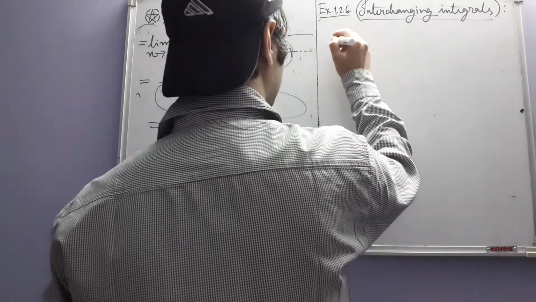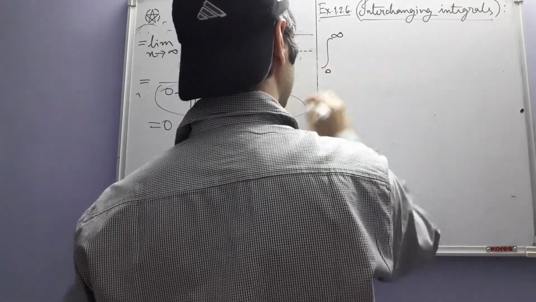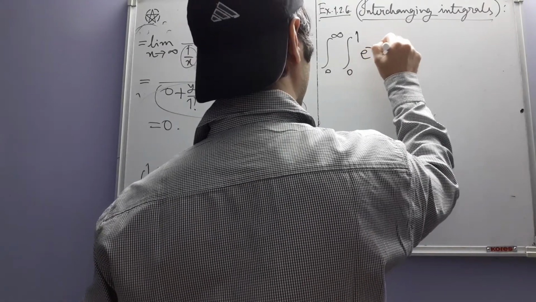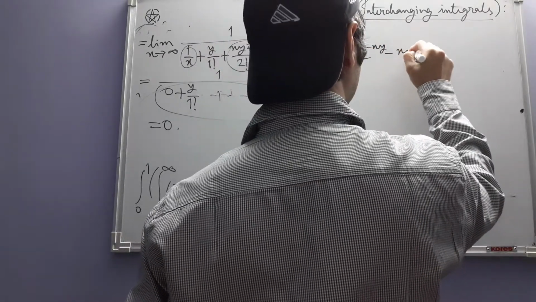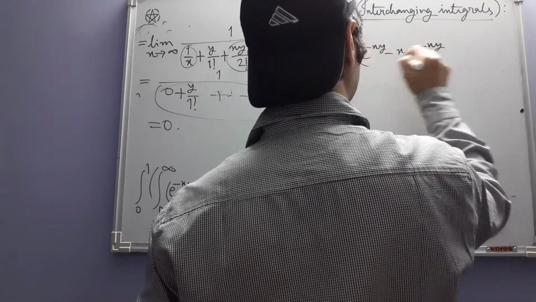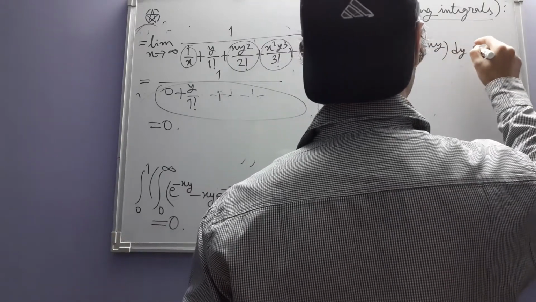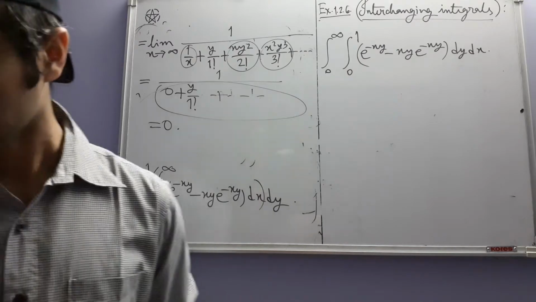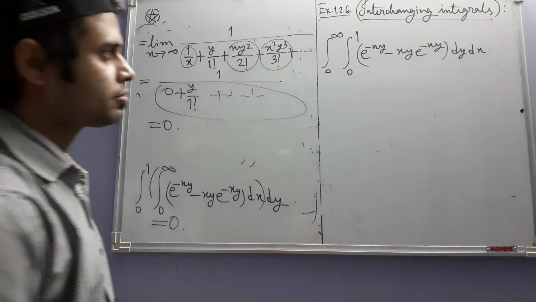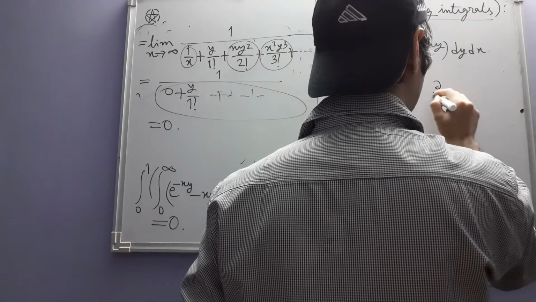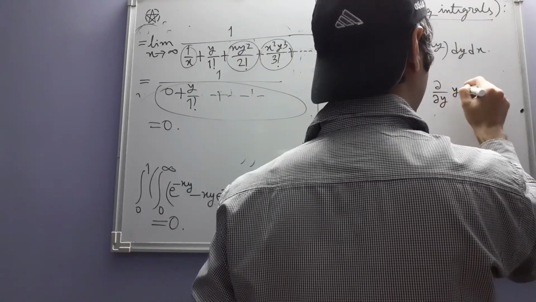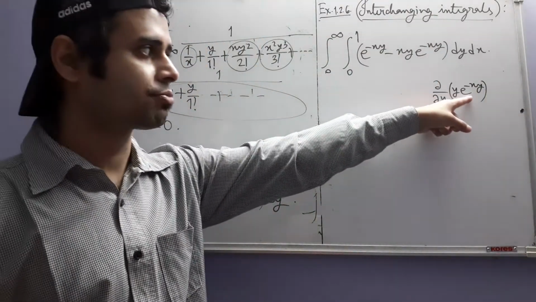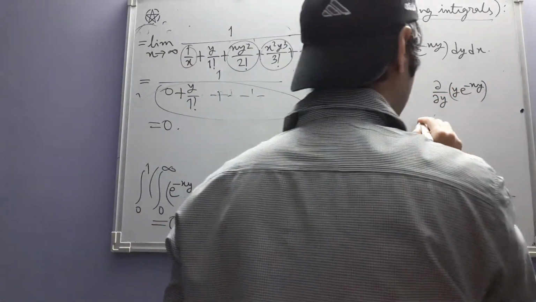Now what we calculate? We want to calculate this. E to the power minus xy minus xy e to the power minus xy dy dx. Now this one we want to calculate. Now for this one, we can see that if we differentiate this function partially with respect to y, what do we get?